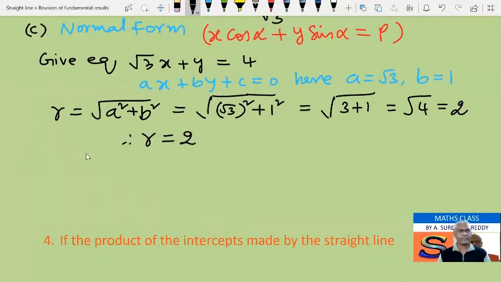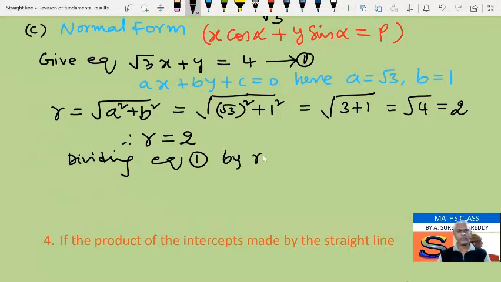Now dividing equation 1 by the r value, that is under root a square plus b square value 2.